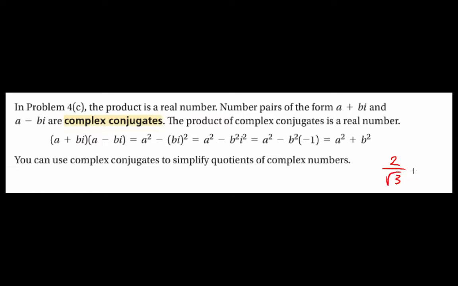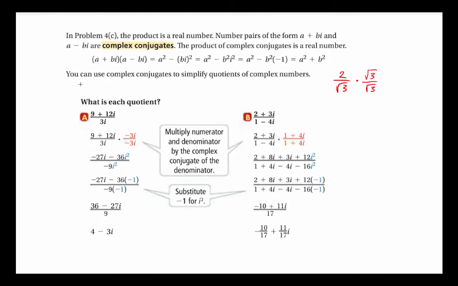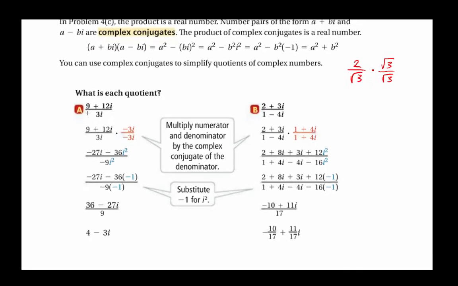We have a rule that says we don't want radicals in the denominator of our fractions, so we multiply the numerator and the denominator by that radical to eliminate the radical in the denominator. We're going to use a similar process here, but with the concept of complex conjugates. We don't want imaginary units in the denominators of our fractions. So here's how this works.